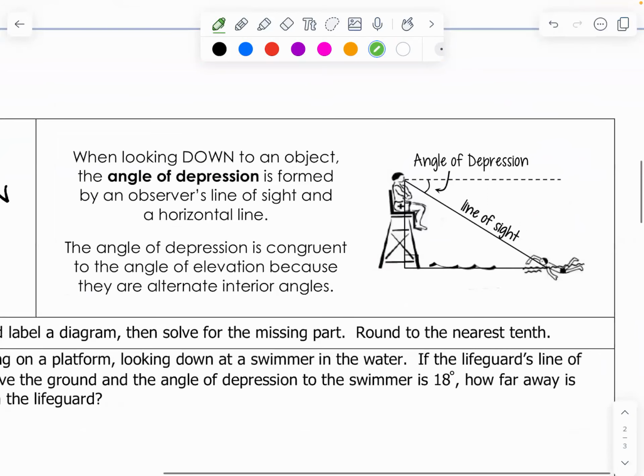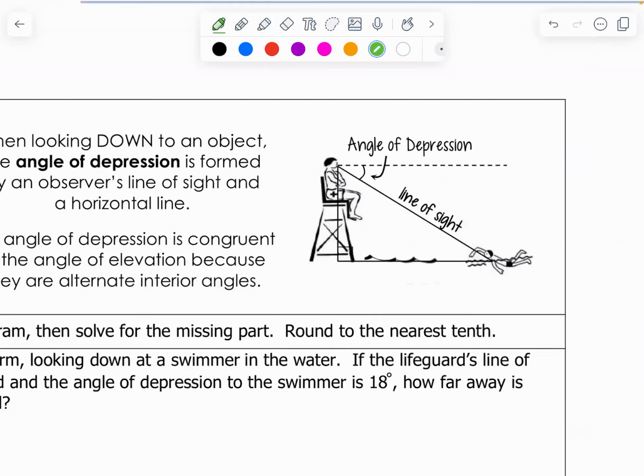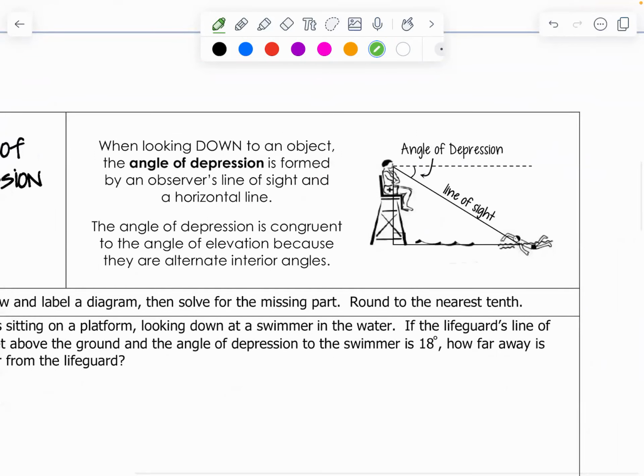Okay. The angle of depression, please don't assume. So here is this lifeguard. The angle of depression is when we look down at something, and it's formed between where the person would be looking and the angle that they're looking down.